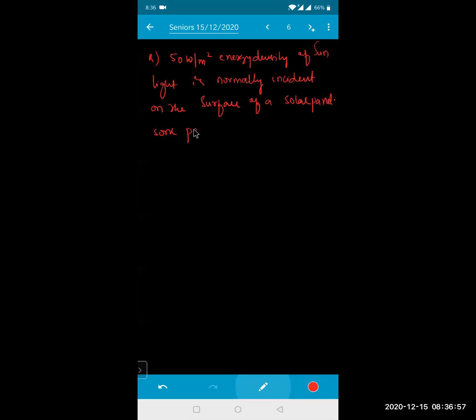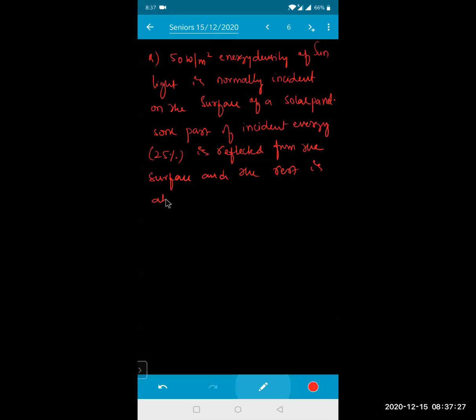Some part of incident energy, that is 25%, is reflected from the surface, and the rest is absorbed.